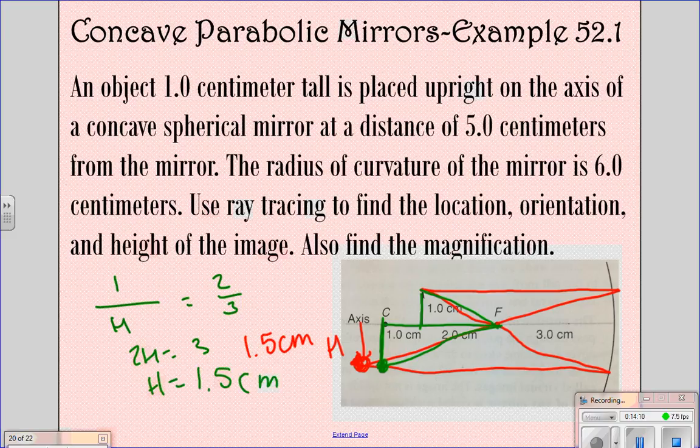So that's the height. The location is in front of the mirror. And it's inverted. And then we want to find the magnification. So to find the magnification, you do the height of the image divided by the height of the object.